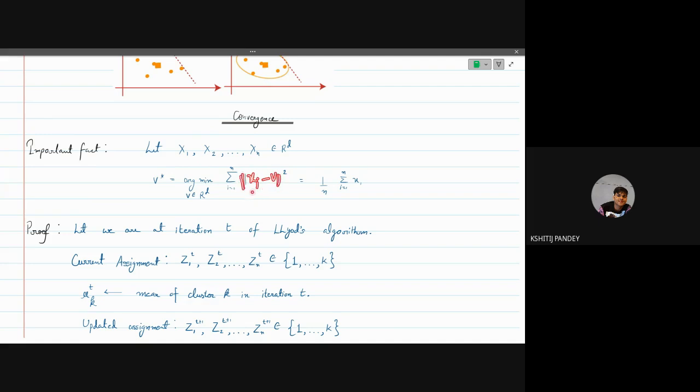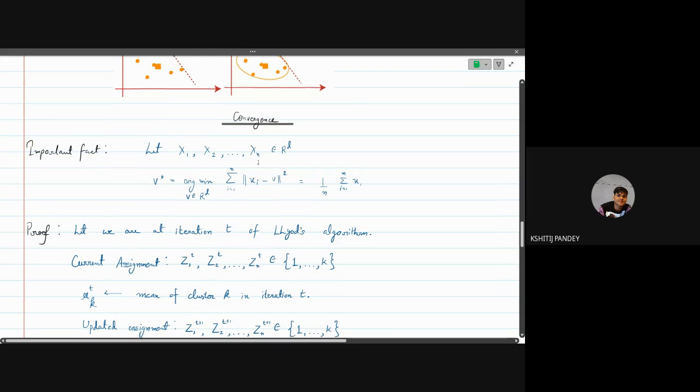We are calculating this distance for all the data points, and the vector v that minimizes this objective function is the mean of the data set. Is that clear? Yes, sir, got it.